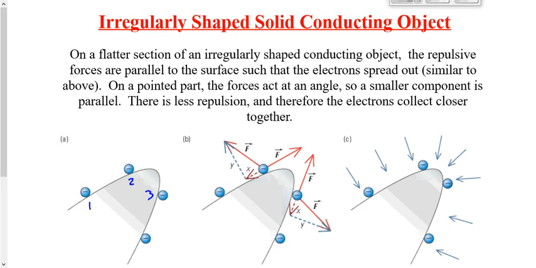And I want to focus on charge number 2. Charge number 2 is pushed away from charge number 1. We'll call that F12. Now, 1 is pushed away from number 2 as well, but it's not what we're trying to analyze right now. 2 is pushed away from number 1. 2 is also pushed away from number 3, but notice that's at a bit of an angle, like this. We'll call that F32.